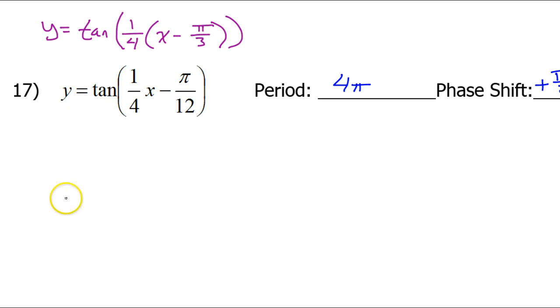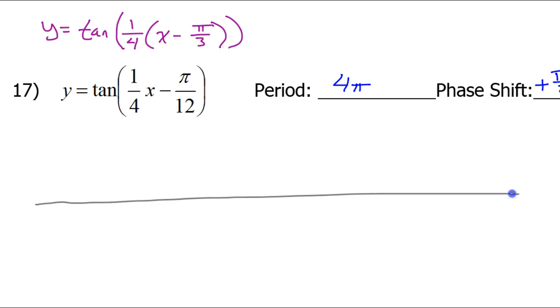Okay, so here is my x-axis. There is a phase shift of pi over 3 to the right, so I'm going to start at the phase shift like I always do. Now, we always graph two periods of tangent and cotangent. So instead of just putting my mark all the way over here on the left, I will go ahead and put my first mark in the middle. So I can put one period to the right and another period to the left.